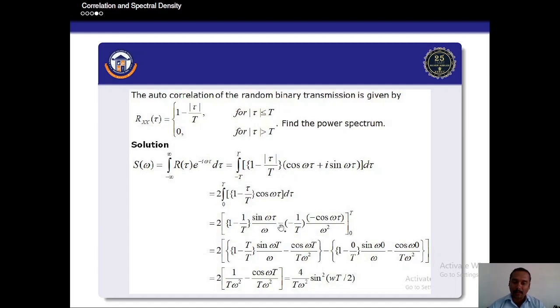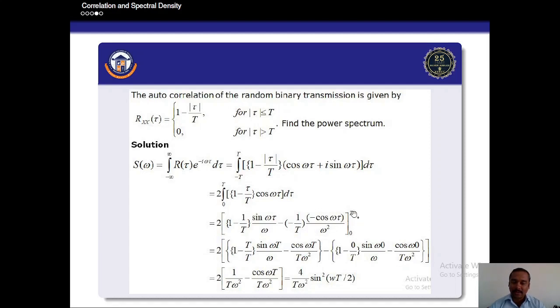Then u v minus, u dash, its differentiation with respect to tau, is minus 1 by T, so minus the integral, cos omega tau, minus cos omega tau divided by omega square, and then apply the limit values here. Here this is tau, not 1.